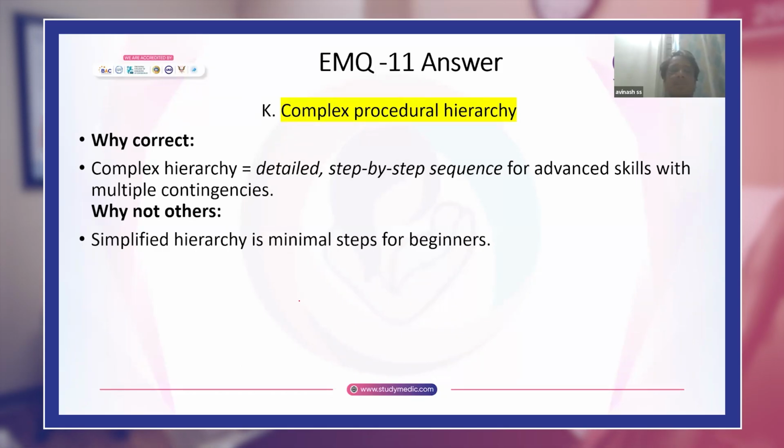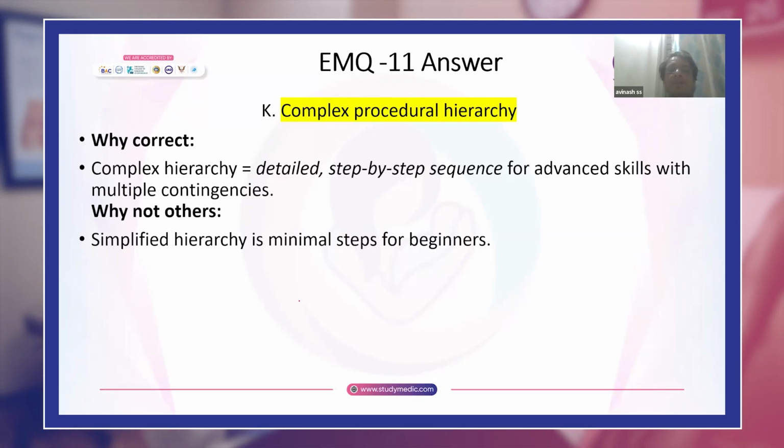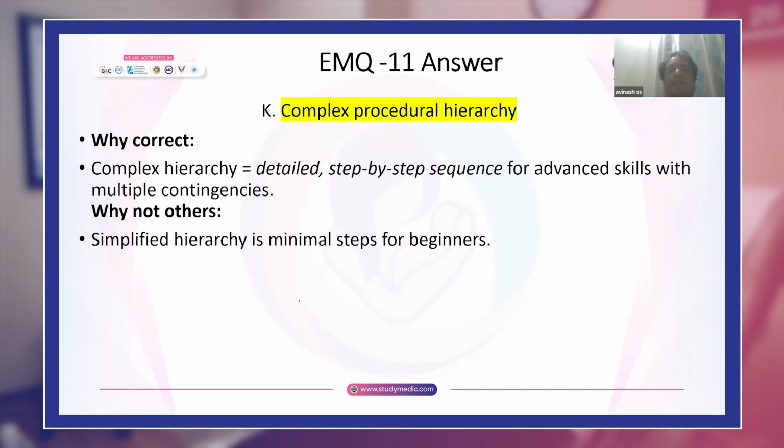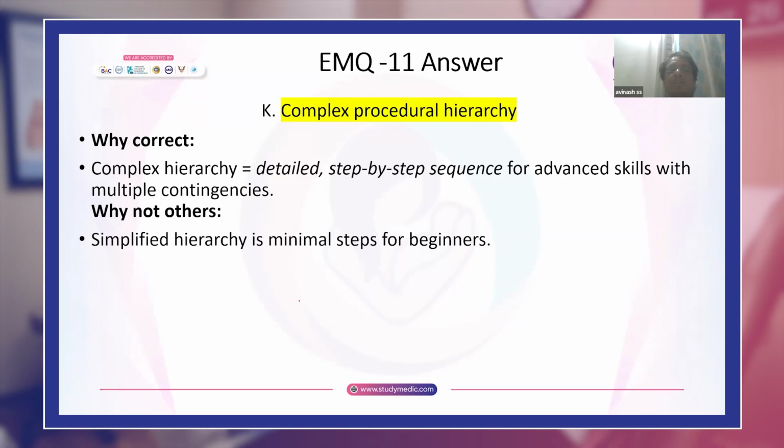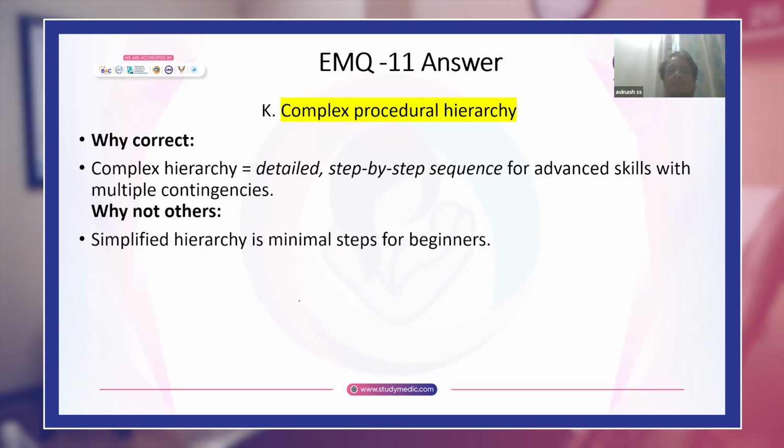The difference: in simplified hierarchy there are very minimal steps, it is for beginners, and it happens in a very short amount of time. The complex procedural hierarchy is a detailed step-by-step sequence for advanced skill learning with multiple complex set points of assessment and learning. And it happens progressively over a long duration, say 1, 2, 3 years, where residency programs are examples.